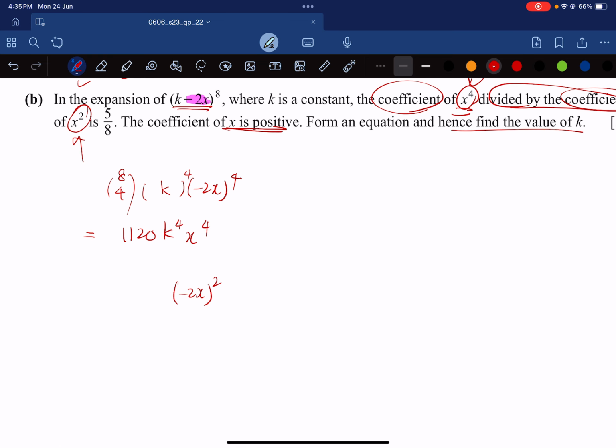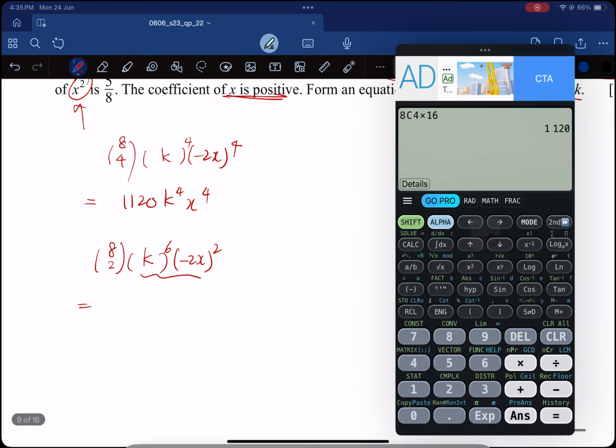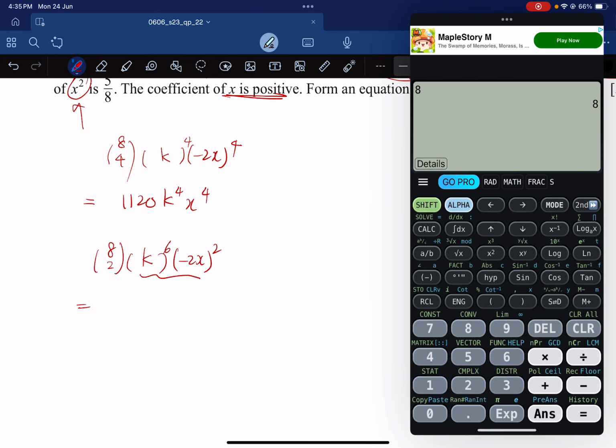Out of 8 brackets, 2 brackets I take the second term, then for the remaining 6 brackets I take the first term. How many ways of getting this done? 8 choose 2 or 8 choose 6, doesn't matter. 8 choose 2 is 28, times 4, so it's 112 k to the power 6, x squared.